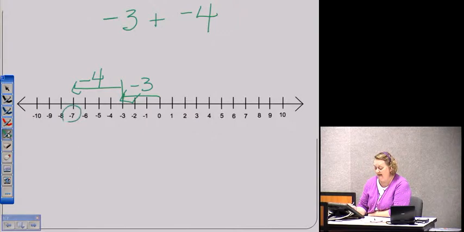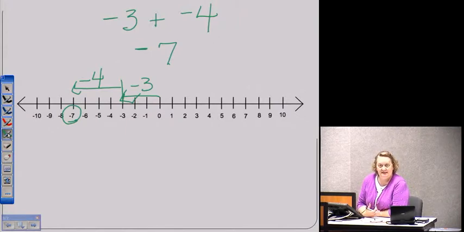And we're going to end up at negative 7. Notice they're both going in the same direction. So in this case, we add the numbers 3 plus 4 and get 7, and we're going to keep the sign because in this case, they're both headed in a negative direction.